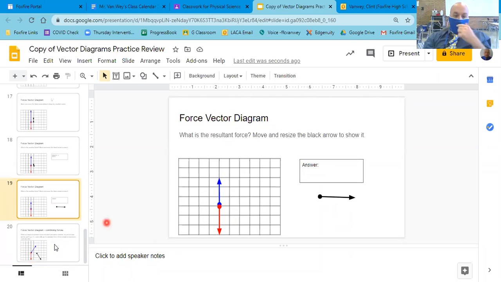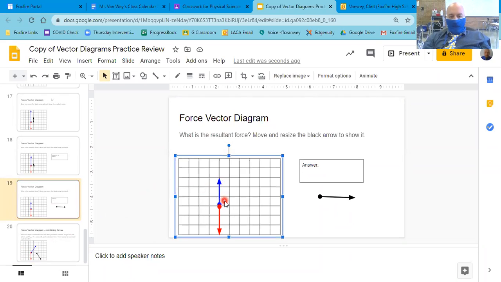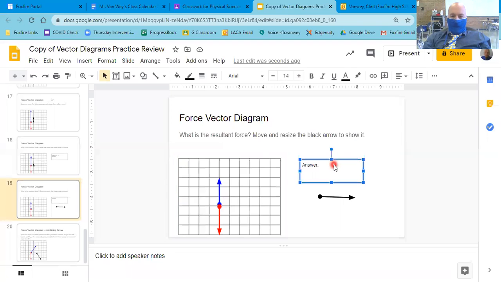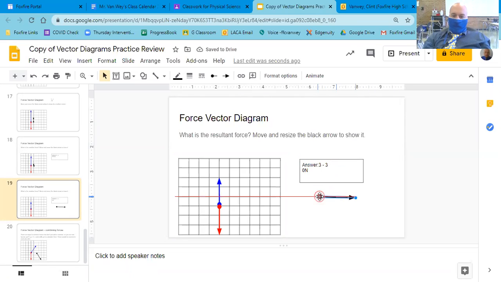Okay, we got one more here. So I have 1, 2, 3 newtons up. I have 1, 2, 3 newtons down. So my math looks like this. It is 3 minus 3. That resultant is going to be 0 newtons. So where do I put this arrow now?